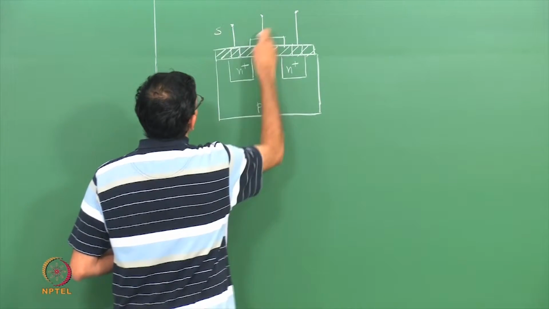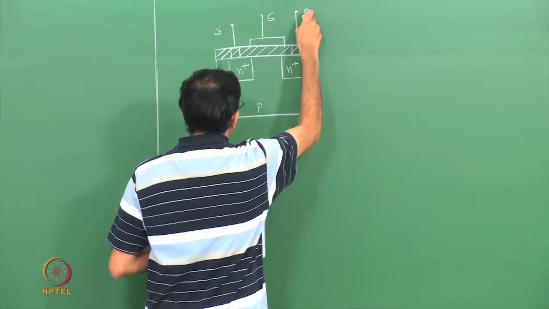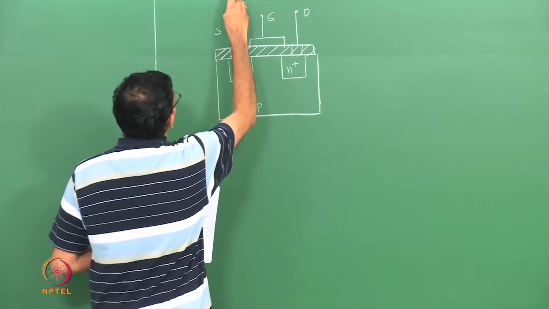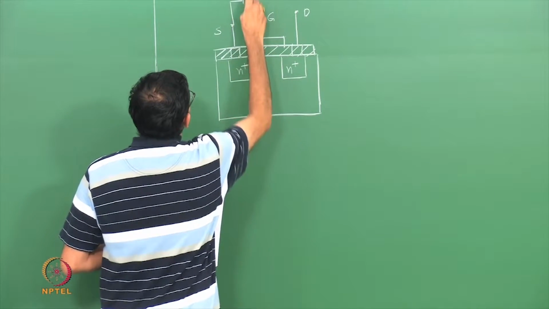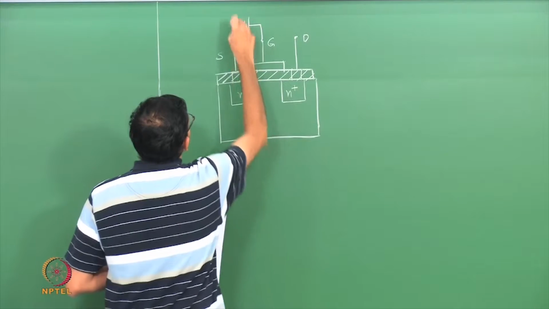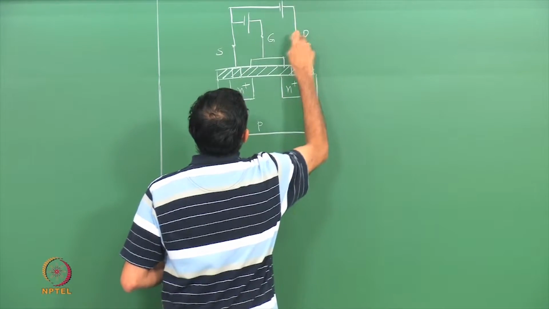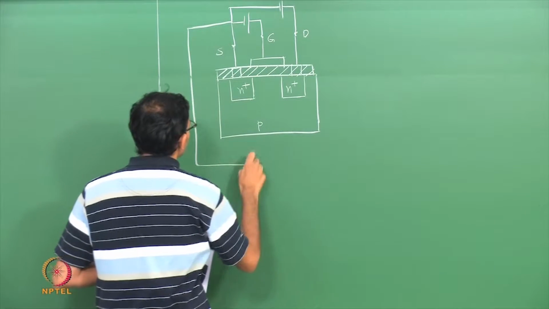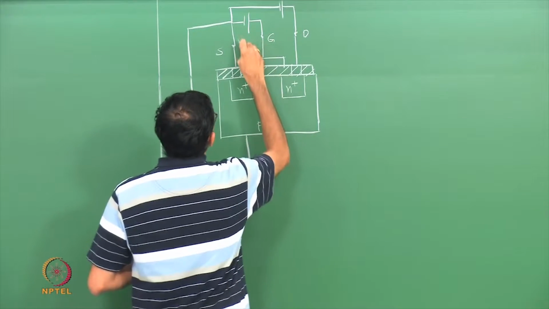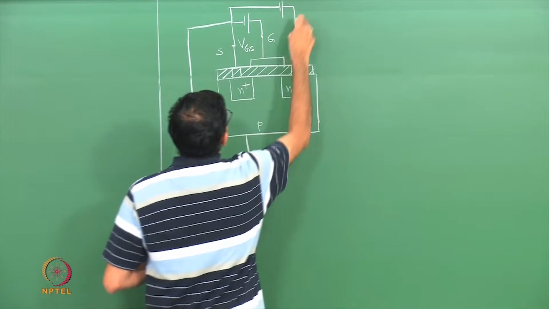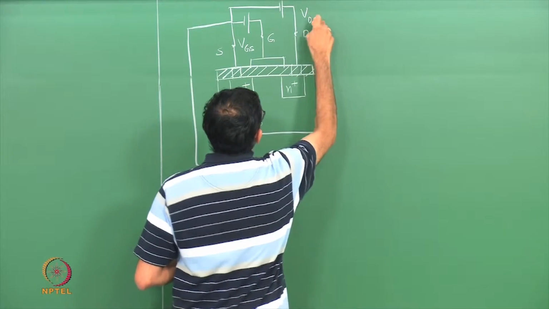So, I have my source, my gate and my drain. This is VGS, this is VDS.